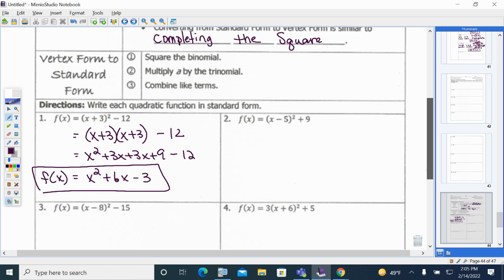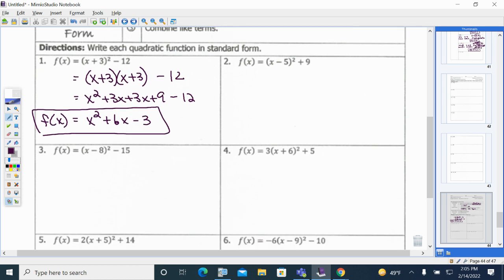I want to jump down to example number 4, where you do have an a. Order of operations is still in play here, so exponents have to come before multiplication. That 3 is being multiplied by (x plus 6) squared, but the exponent comes first. So we leave the 3 alone for a minute.